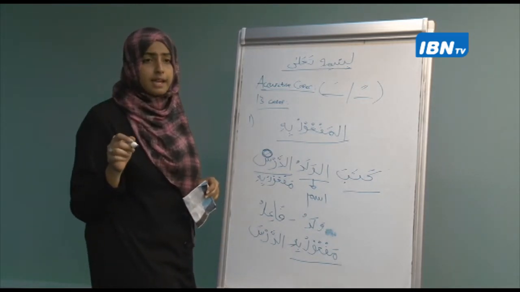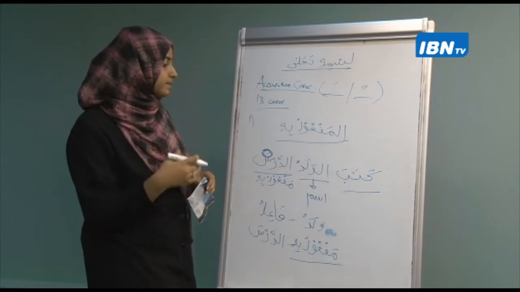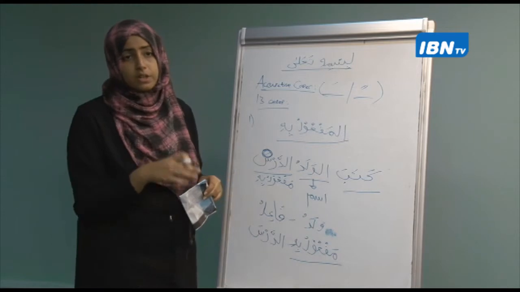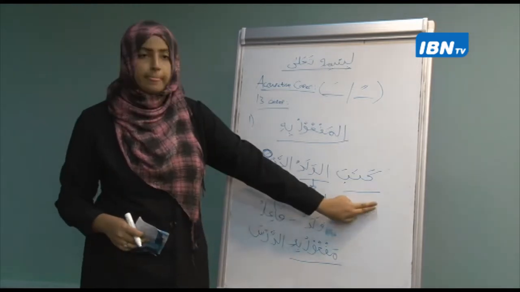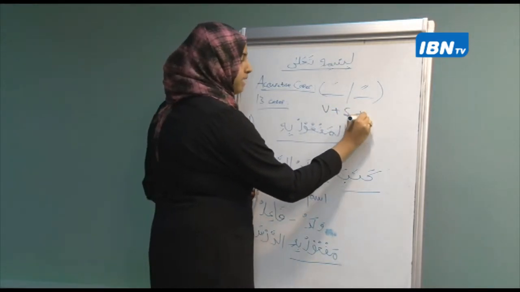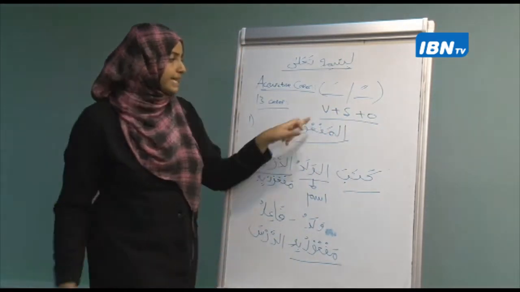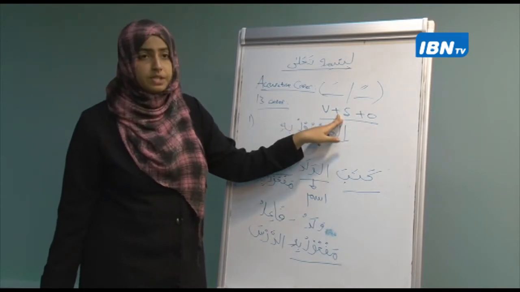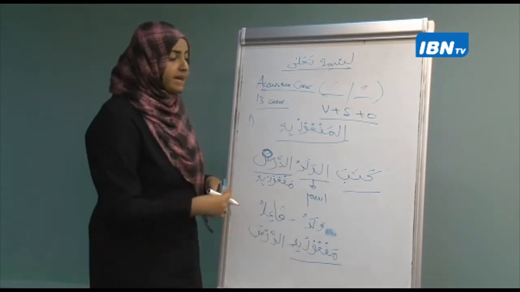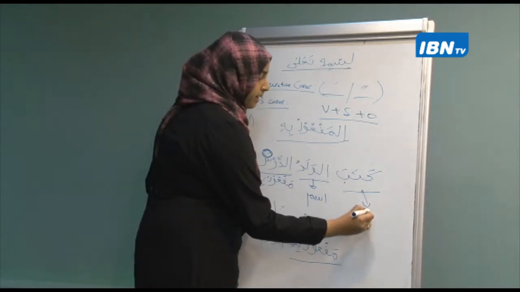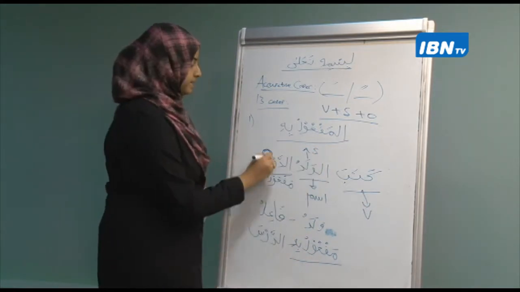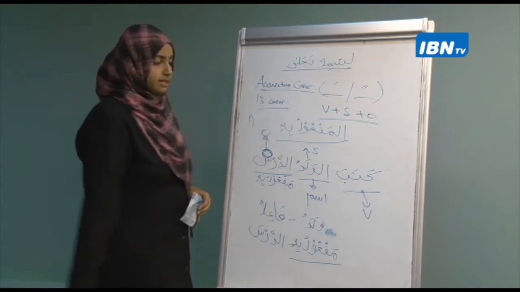Now remember in the beginning sessions I had discussed the structure of simple sentences using the verb. Remember we had verb plus subject plus object, right? That's exactly what applies here. This is my verb, this is my subject, this is my object.